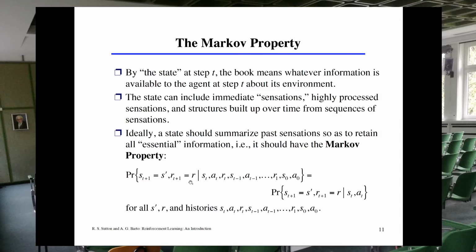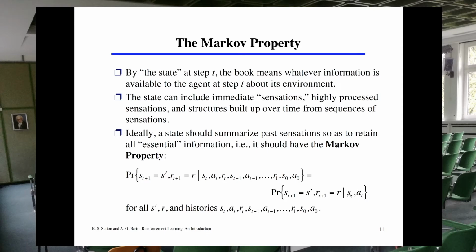So mathematically speaking, we define the Markov property. We say that the environment has the Markov property if the probability of the next state and the next reward, given the whole history of transitions of states and actions since the very initial state s_0 up to the current state t, is the same as the probability of knowing only the current state and action.